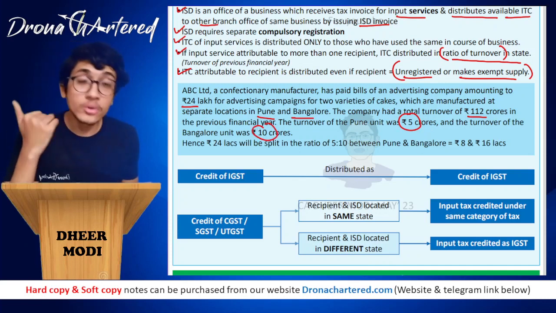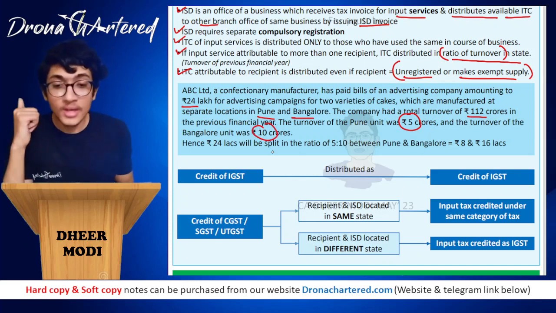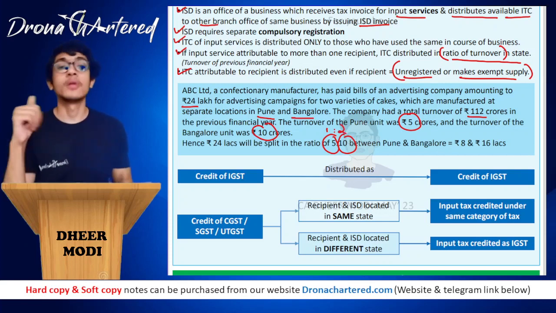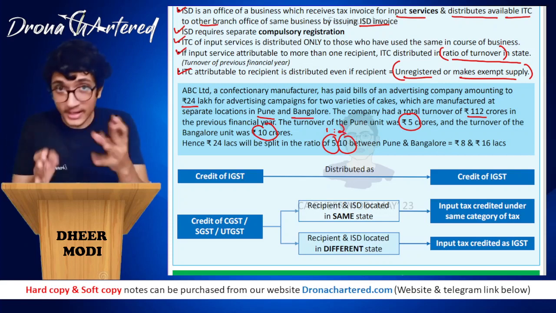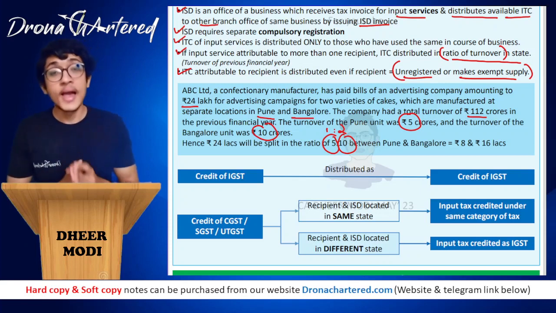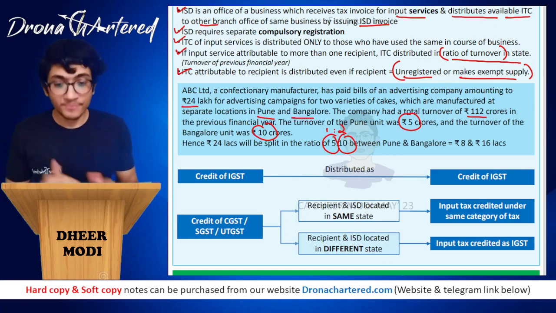So that means Bangalore's turnover is double that of Pune. Hence this 24 lakhs will be split in the ratio of 5:10, that is nothing but a ratio of 1:2 between Pune and Bangalore. So 1:2 means the split becomes 8 and 16 lakhs. So Pune will get ITC of 8 lakhs and Bangalore will get ITC of 16 lakhs.